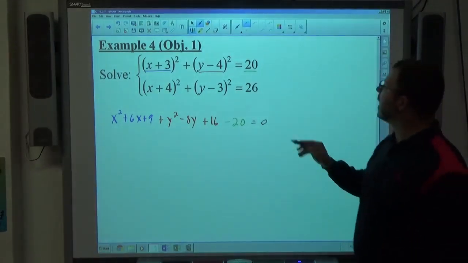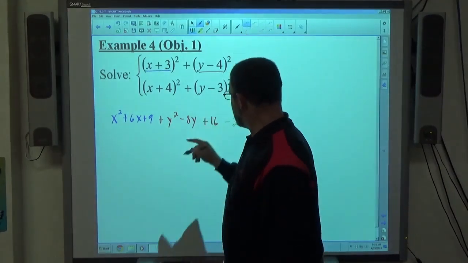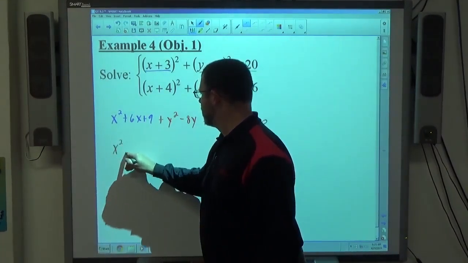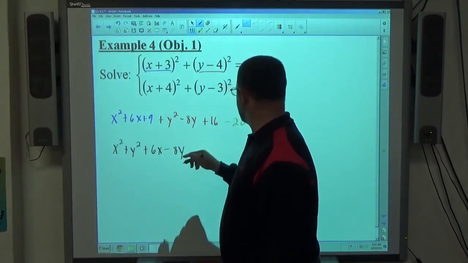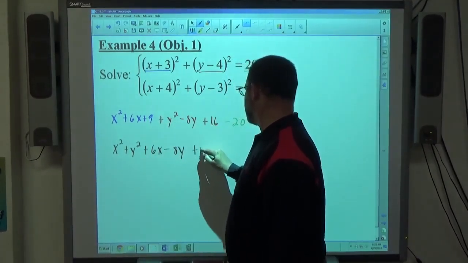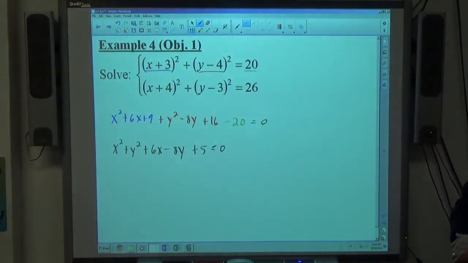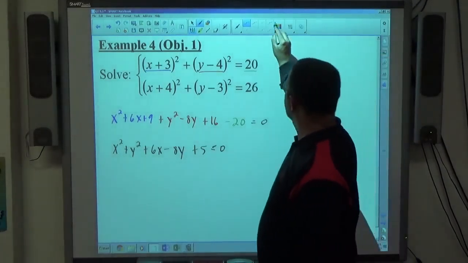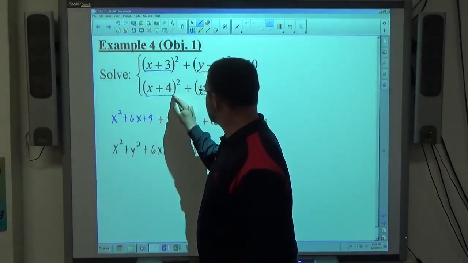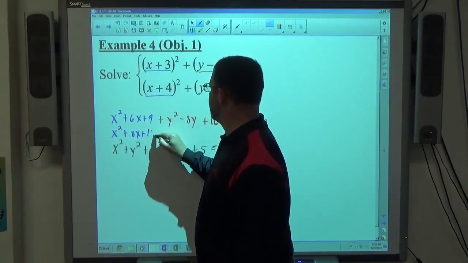If I combine like terms, that whole equation becomes x² + y² + 6x − 8y, 25 minus 20, so plus 5 equals 0. Then I'm going to do the same thing to the second equation. (x + 4)² becomes x² + 8x + 16.